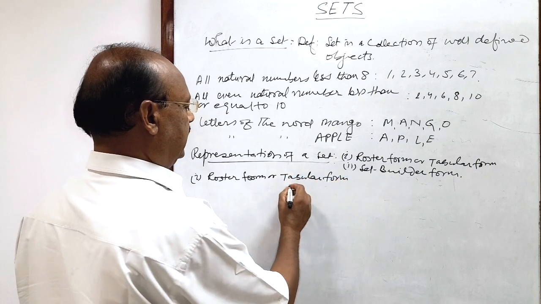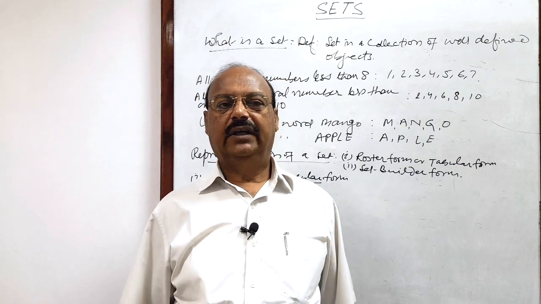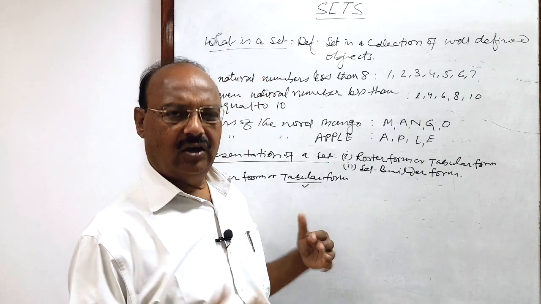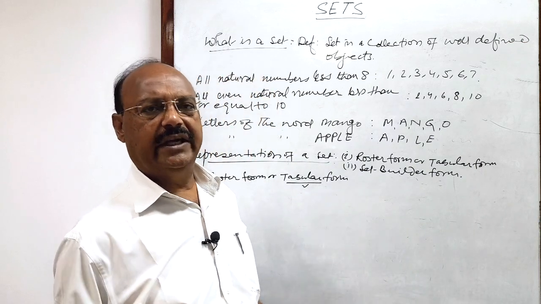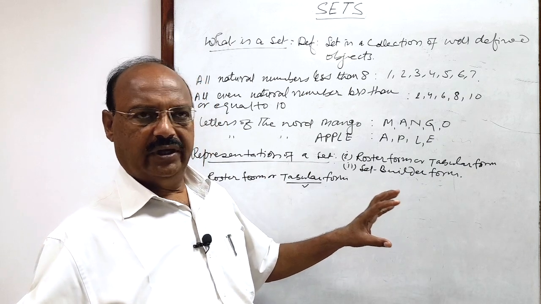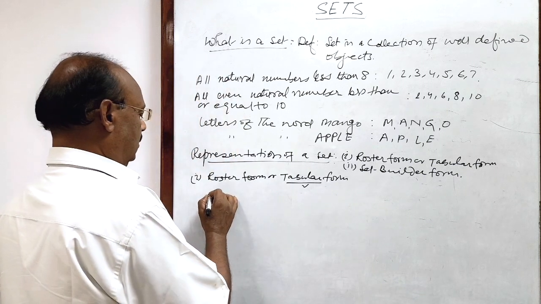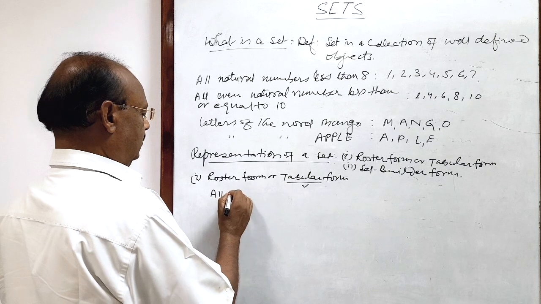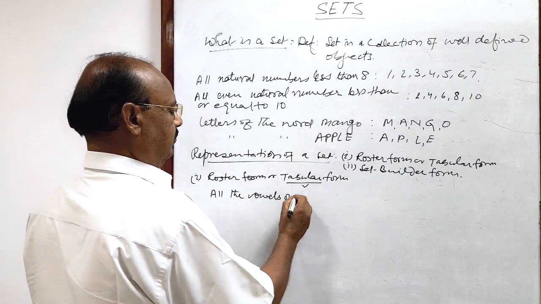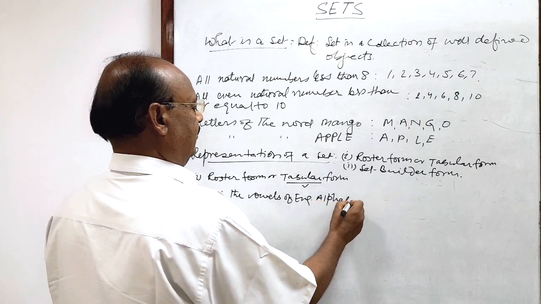It is clear by the name of this word, tabular. Tabular means everything will be mentioned. So in this case, all the objects, all the members, all the elements of the set will be clearly mentioned. Suppose we make a set of all the vowels of English alphabets.